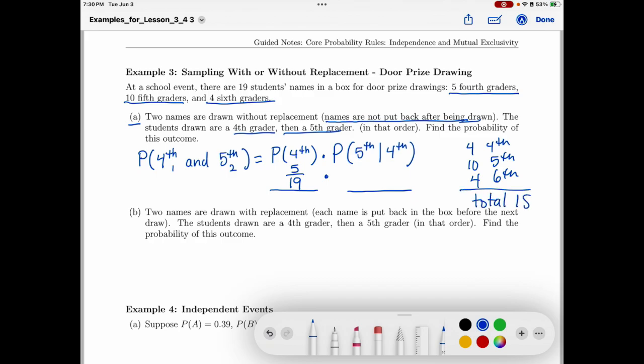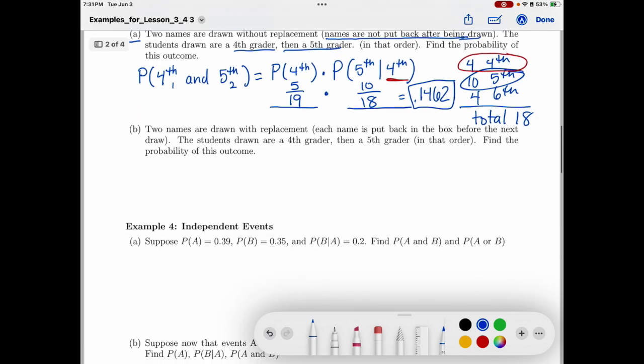So now we have a total of 18 rather than 19 because 1 was picked. So the probability of choosing a 5th grader is 10 out of 18. When we multiply this together, this is without replacement, I take 5/19 times 10/18, and that gives me a probability of 0.1462.